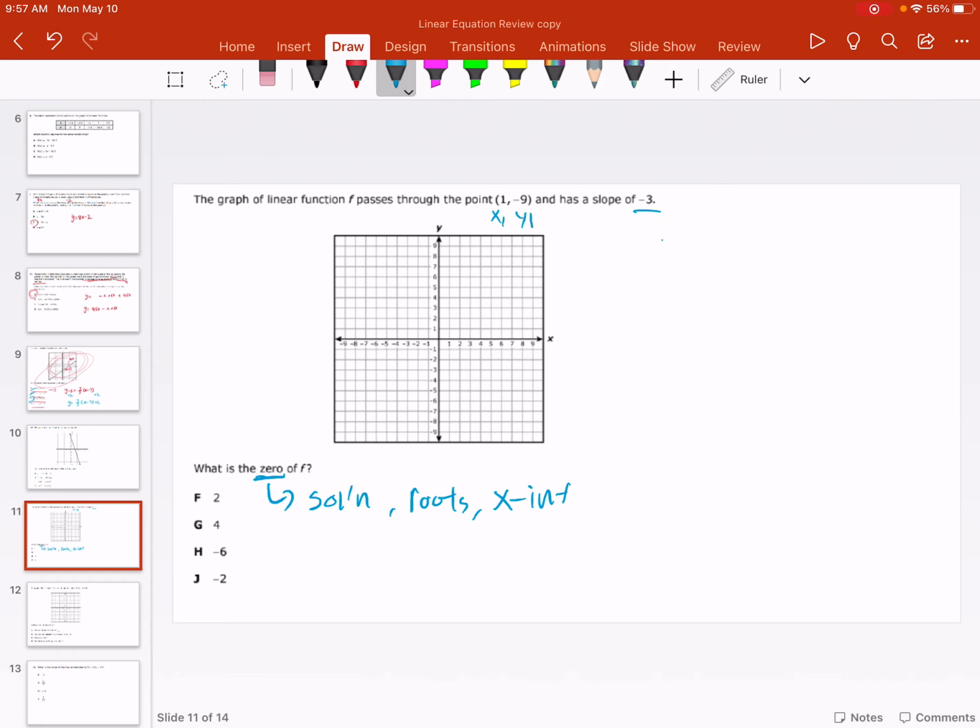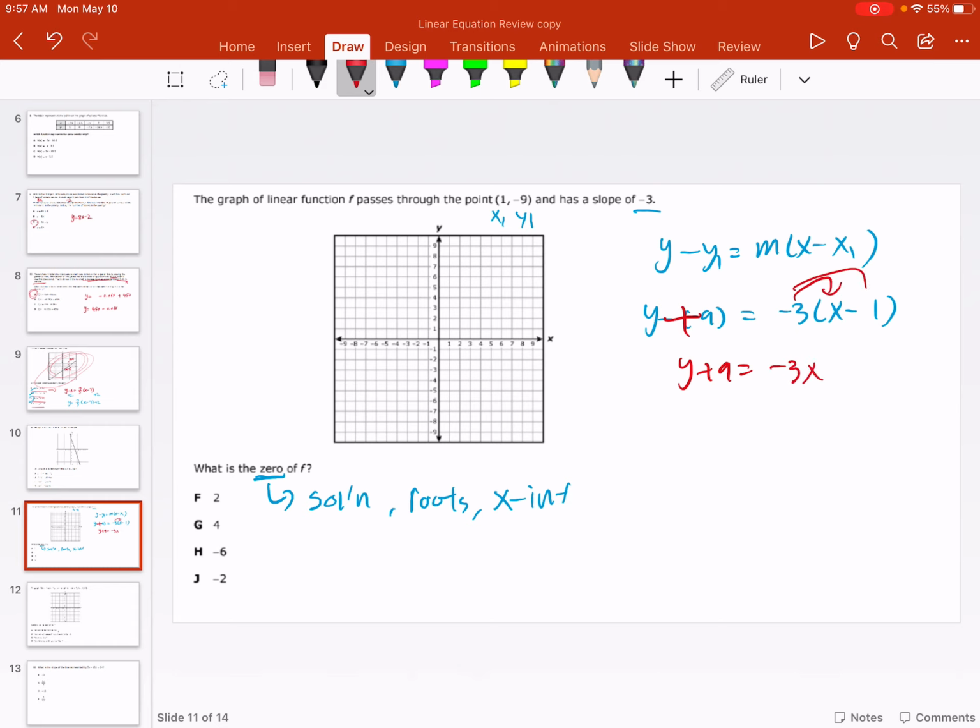So what? Y minus y1 equals slope, x minus x1. Solve for it. Y minus negative 9 equals negative 3, x minus 1. Negative times negative become positive, so what? Y plus 9 equals negative 3x plus 3, minus 9 both sides.